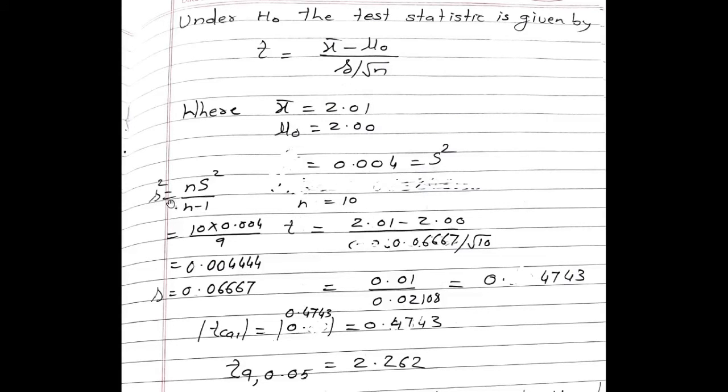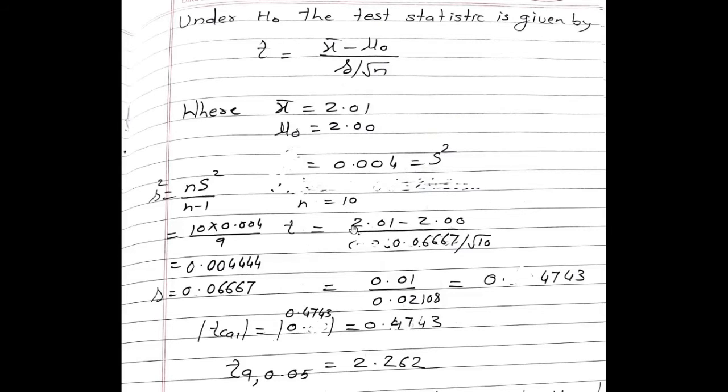Small s square, the formula is n into capital S square upon n minus 1, which is equal to 10 into 0.004 upon 9. So the answer is 0.004444. We'll take the square root. So S can be considered as 0.06667.